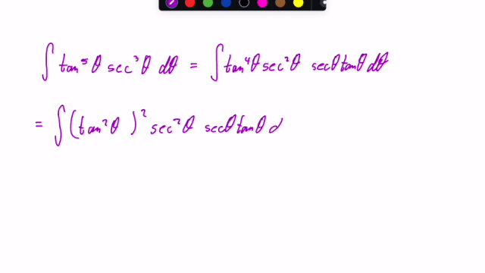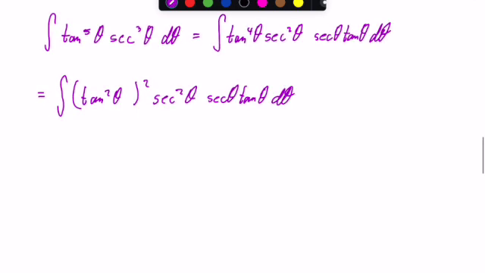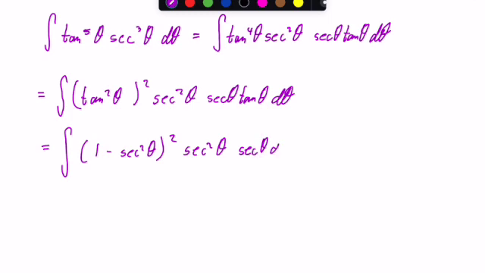And that's where we'll do our substitution. So this is now secant squared theta minus 1, squared, secant squared theta, secant theta, tan theta, d theta. And now you can see we've got just secants with the derivative of secant ready to go.